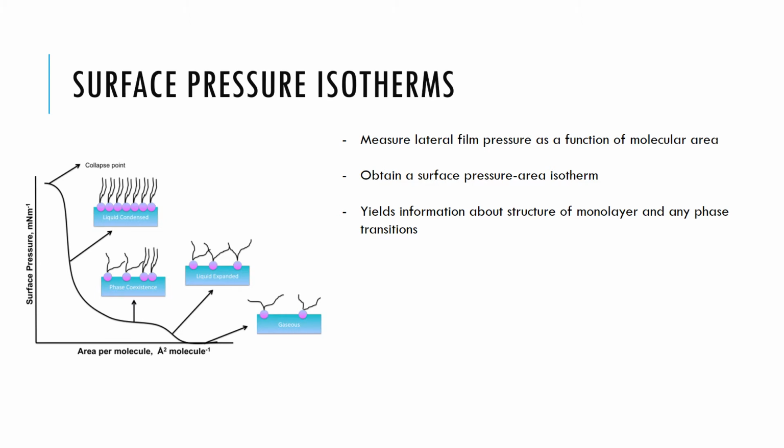So let's have a look at that diagram on the left there. It's a graph of surface pressure against area per molecule, and we will read it from right to left. So we are starting with the barriers of our Langmuir trough open, so that the lipid molecules on the surface have lots and lots of room to wander about.